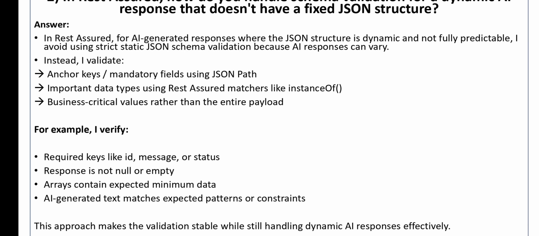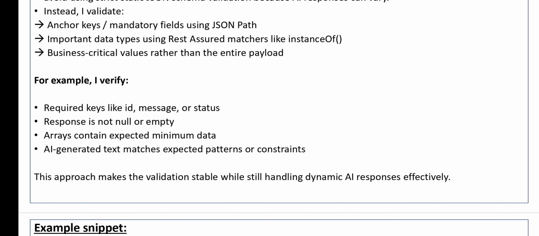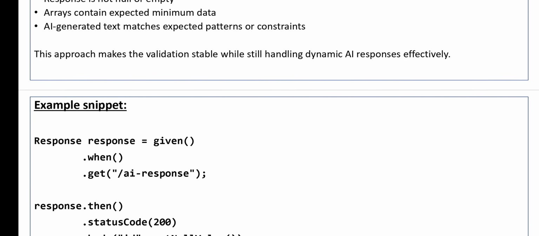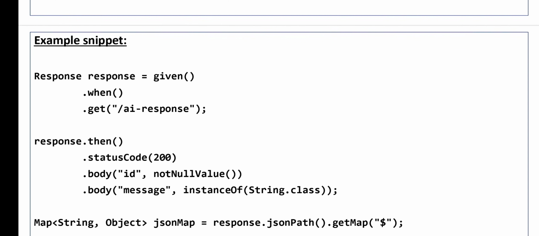Instead, I validate the anchor keys or mandatory fields using JSON path, important data types using Rest Assured matchers like instanceOf, and business critical values rather than the entire payload. You can give some examples as I mentioned here, and a sample Rest Assured code snippet.